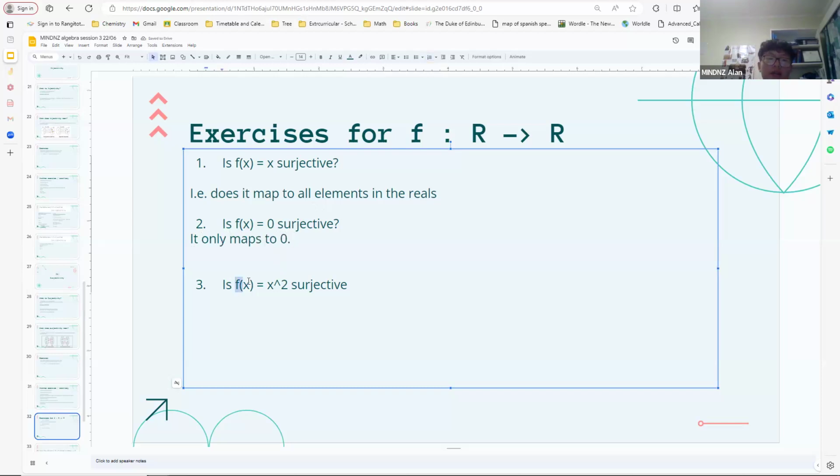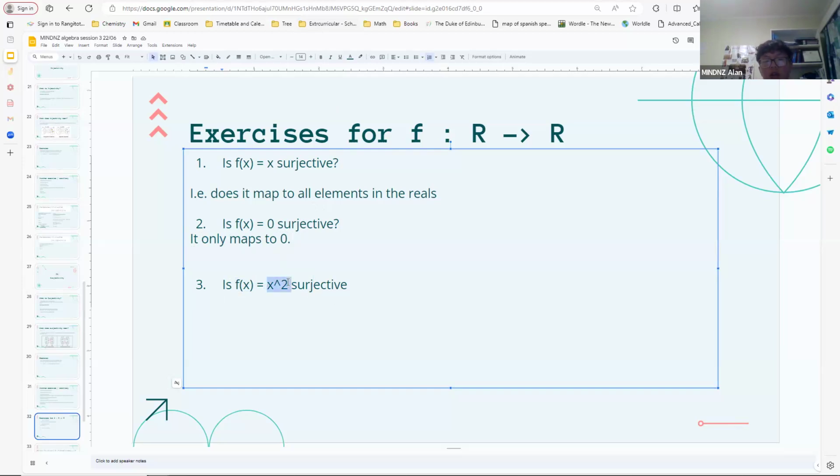And is f of x equals x squared surjective? It can't be, right? Because x squared must always be positive or equal to 0.